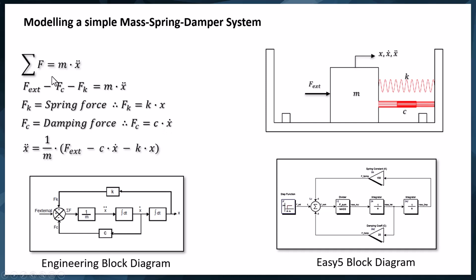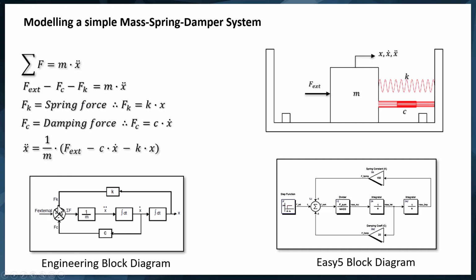Now, if we rewrite this equation in terms of acceleration, then we simply get 1 over the mass times the sum of the forces. And so we've got the external force minus the damping coefficient times the velocity minus the spring stiffness times the displacement. Now, this equation can be represented in an engineering block diagram as follows.